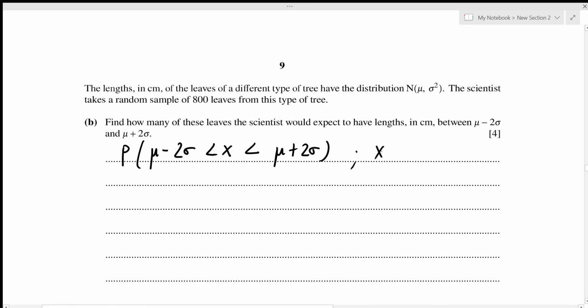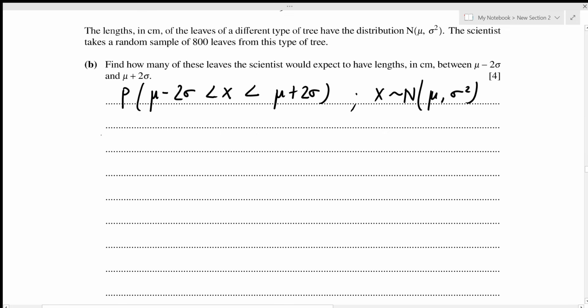Alright, and what we know is that x follows a normal distribution with the parameters mu and sigma squared. Since x follows a normal distribution, the first step would be to standardize. So that's going to be mu minus 2 sigma minus mu, divided by sigma, is less than z is less than mu plus 2 sigma minus mu, divided by sigma.